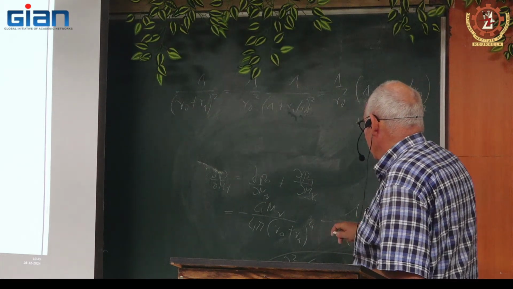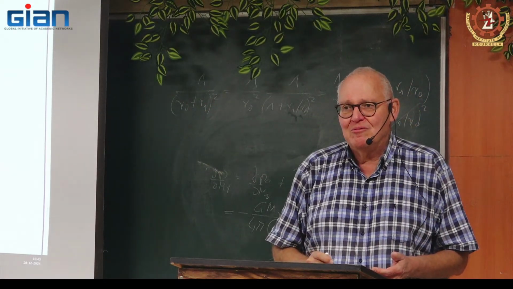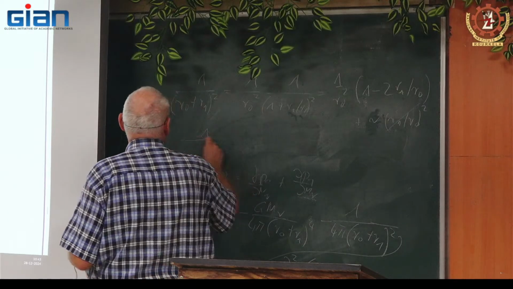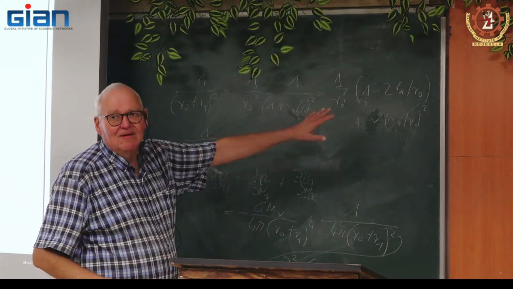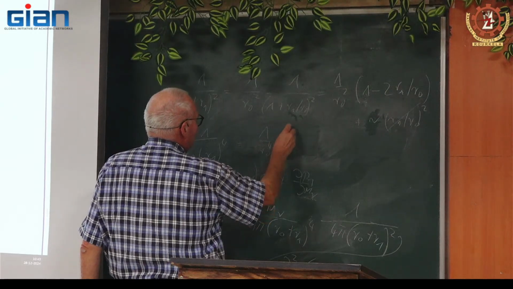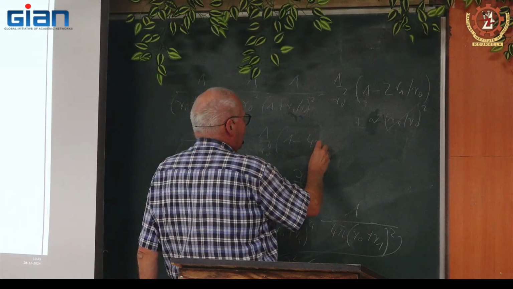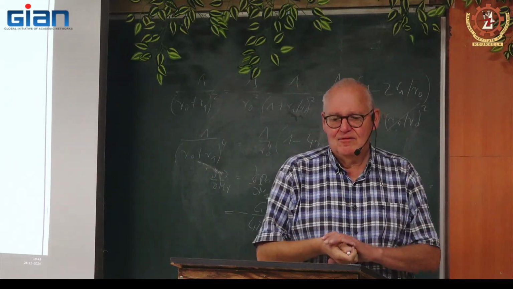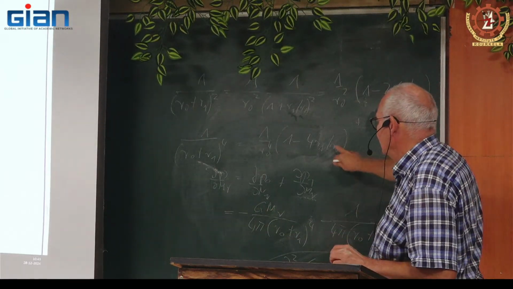For 1 over (r0 plus r1) to the fourth, we have the linearized version, which will give a similar result. This is 1 over r0 to the fourth times 1 minus, not 2, but 4 times r1 over r0, plus terms which we will ignore because they are of higher order than the linear term.